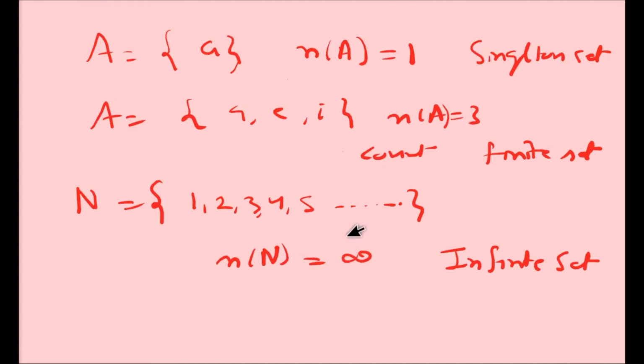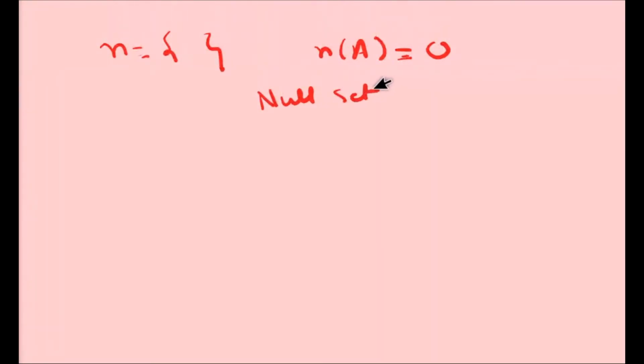Okay, are you ready? If I tell you that this is a set, now tell me how many members. You can say there is 0 members, no member. It means there is no member, so it will be called the null set, or void set, or we can say it is empty.